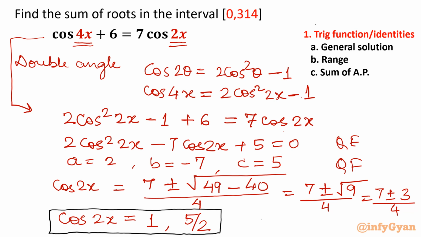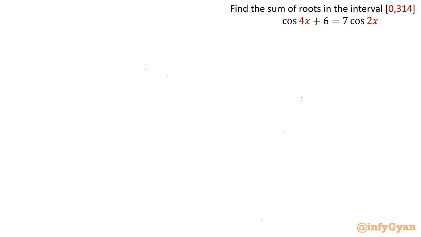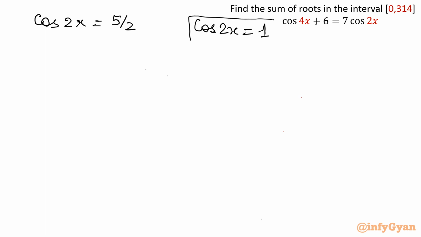Let's talk about the solutions. Cos 2x is equal to 5 over 2, and then we will find the solution for cos 2x is equal to 1.